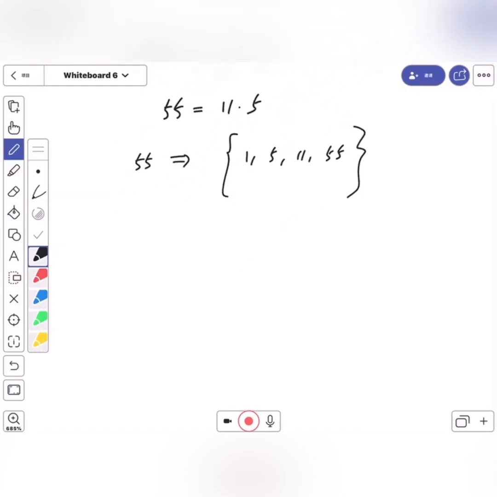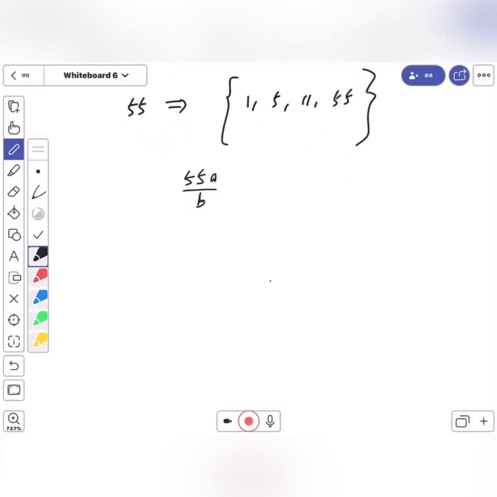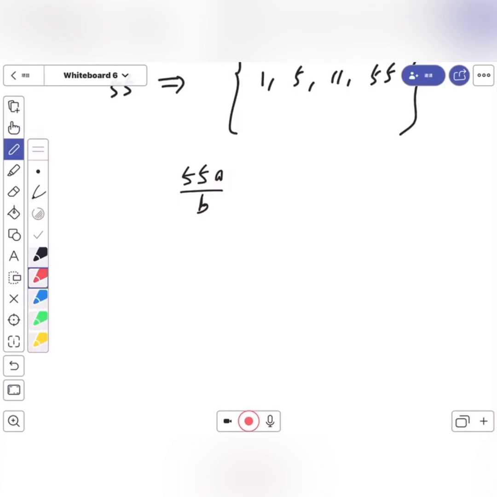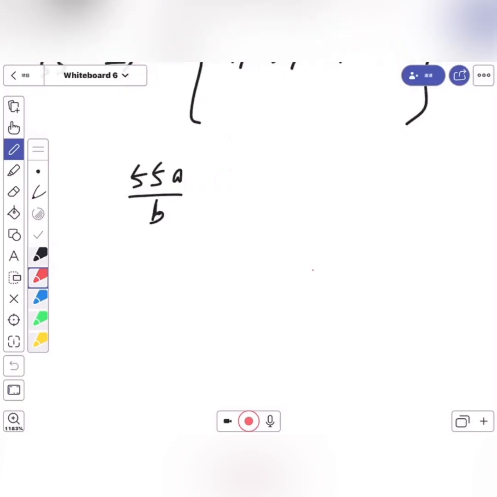Now we just want to see what are the possibilities of 55A over B. What are all the possibilities to simplify this fraction? Now we know that because there are 4 divisors, then we're going to have 4 possibilities.